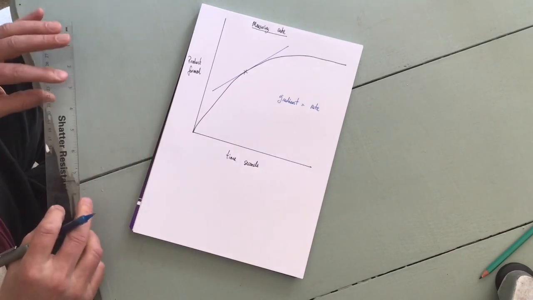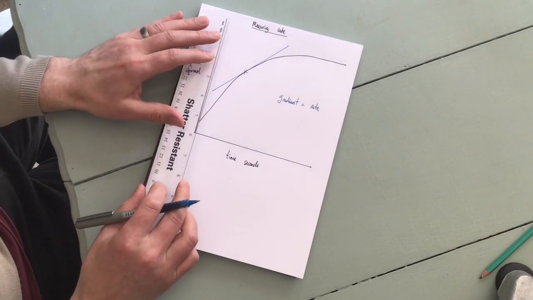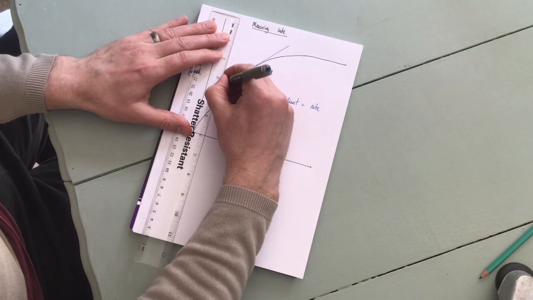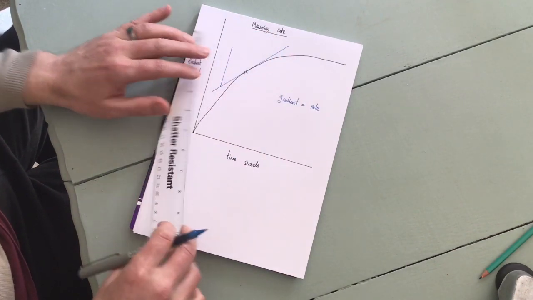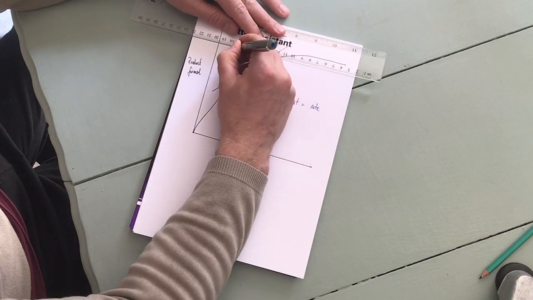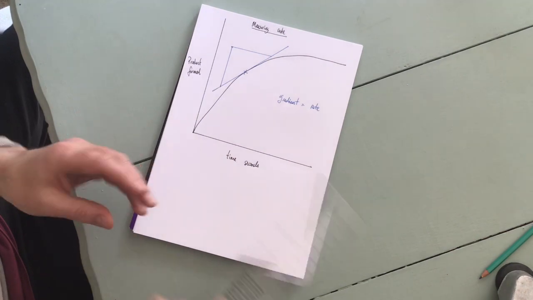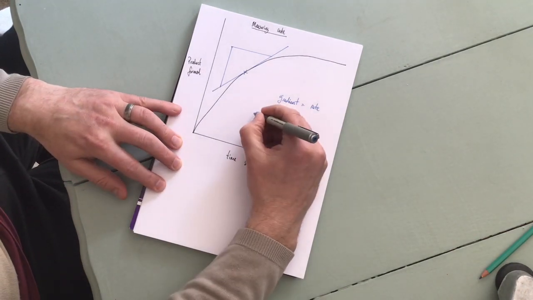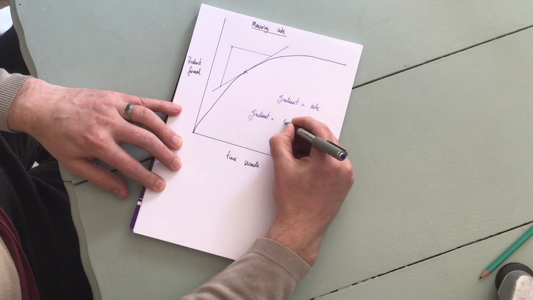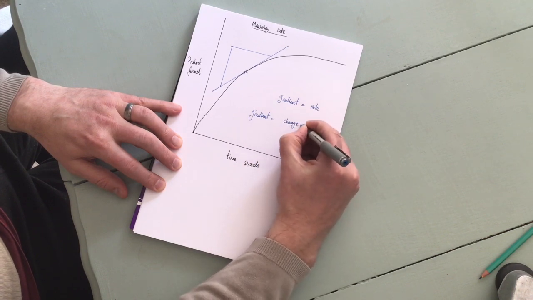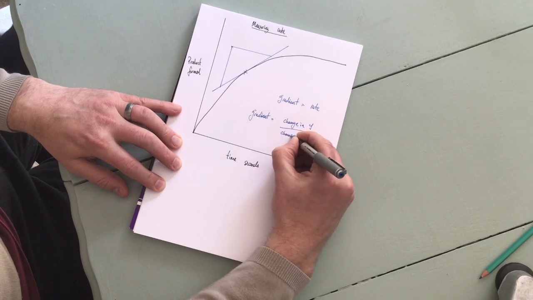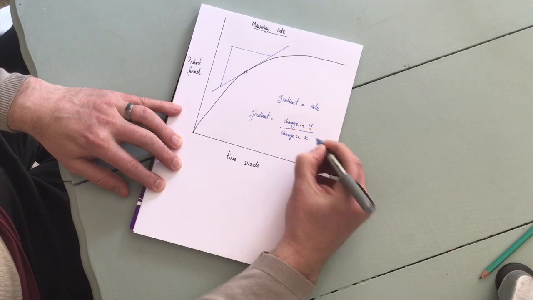Now, I'm sure you can remember for your maths, but just in case you can't, what we'll do is we'll work out what the gradient is. So we want to know 2 pieces of information from our tangent. Because remember, our gradient is equal to a change in y over a change in x.